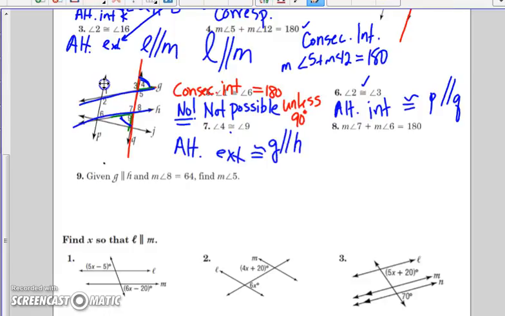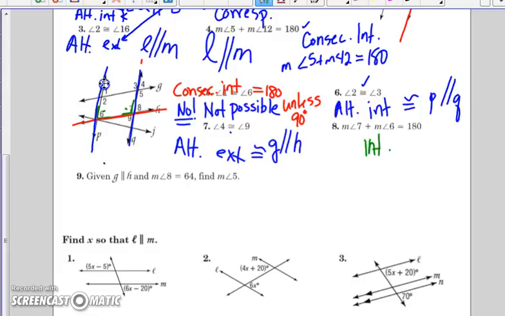Okay, number 8. Number 8 is saying angle 7 and angle 6. The one line that touches both 6 and 7 would be this one right here. And that means I'm going to compare it with this line and this line. I know that those angles are both on the inside of the blue line, so that means that they're going to be interior.